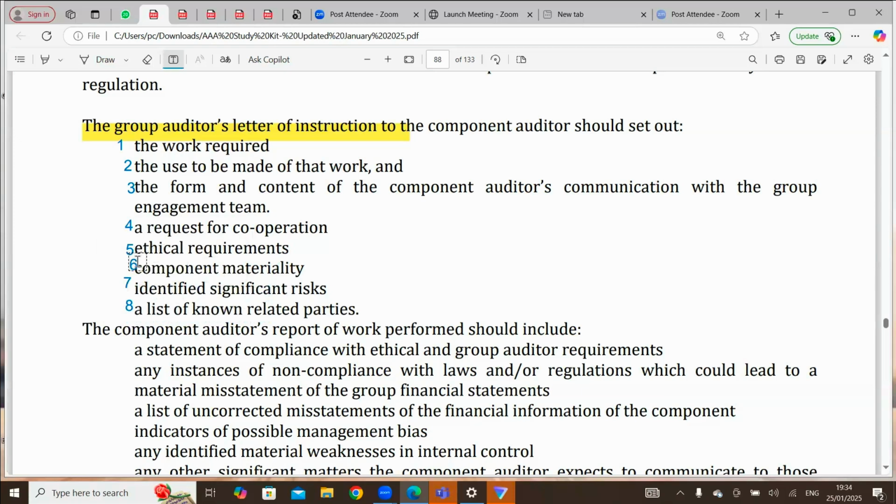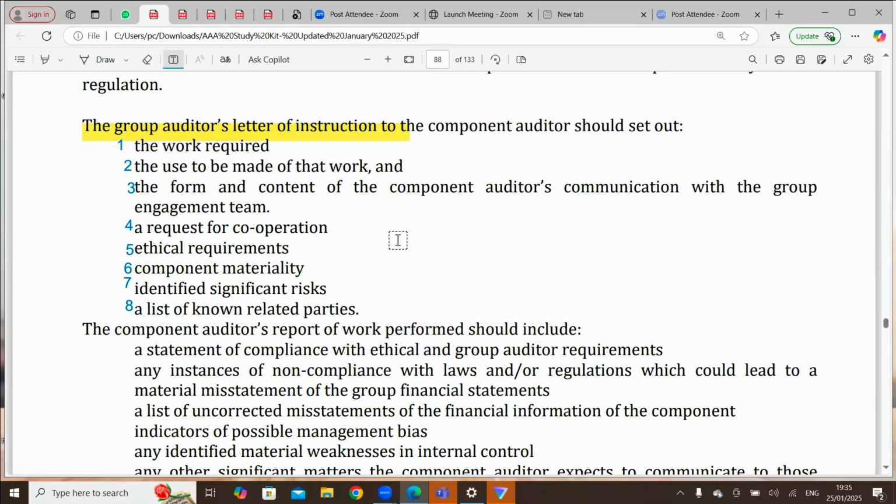Number four, a request for cooperation. Number five, ethical requirements. Number six, component materiality. Seven, identified significant risks. Eight, a list of known related parties.